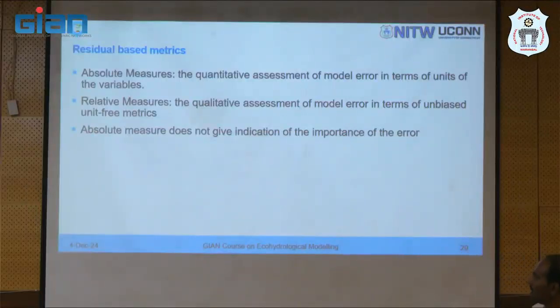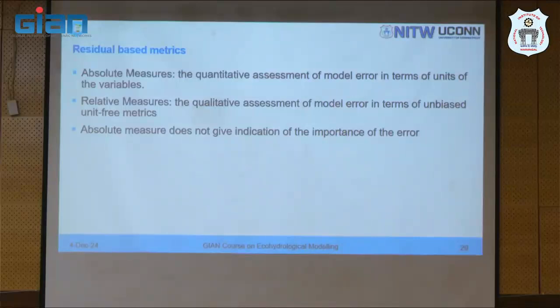So your relative measures are unit-free metrics where you can compare the errors. Absolute error basically gives you the magnitude. A simple example: a 2 mm error over a 1 centimeter measurement is high, whereas a 2 mm error in a 1 meter measurement is very low.